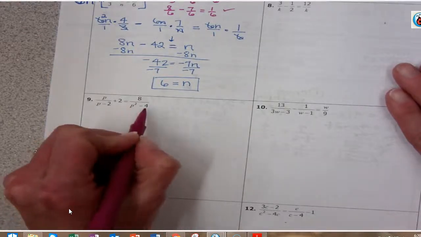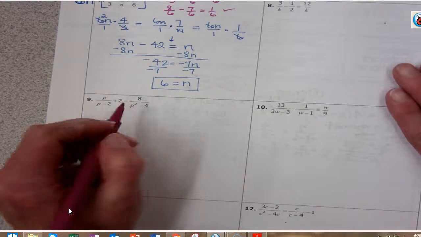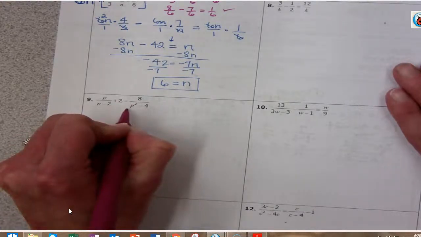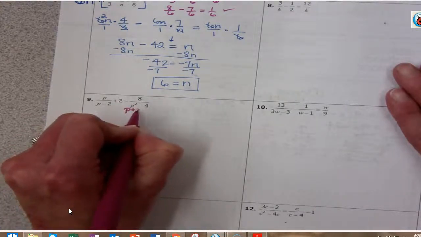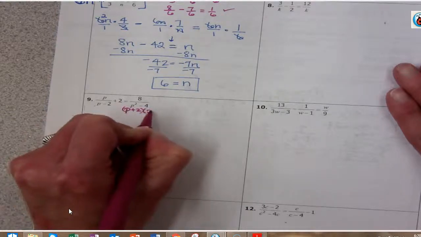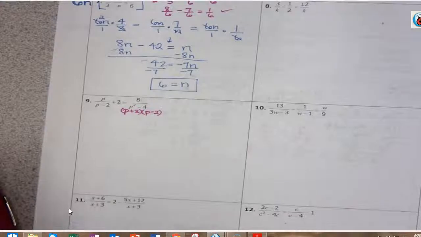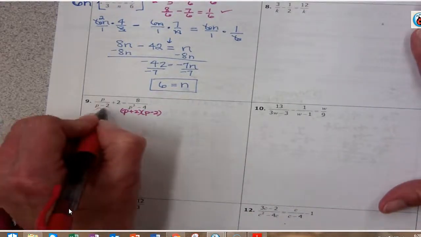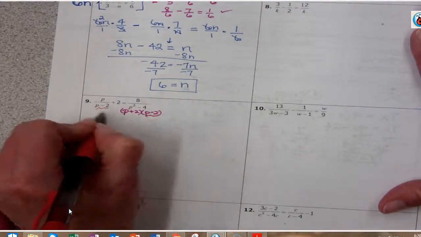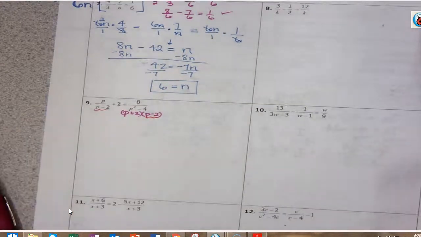This is a perfect square. This one's a perfect square. So we can factor that into p plus 2, p minus 2. When I do that, I notice that I've got this in common for those two.